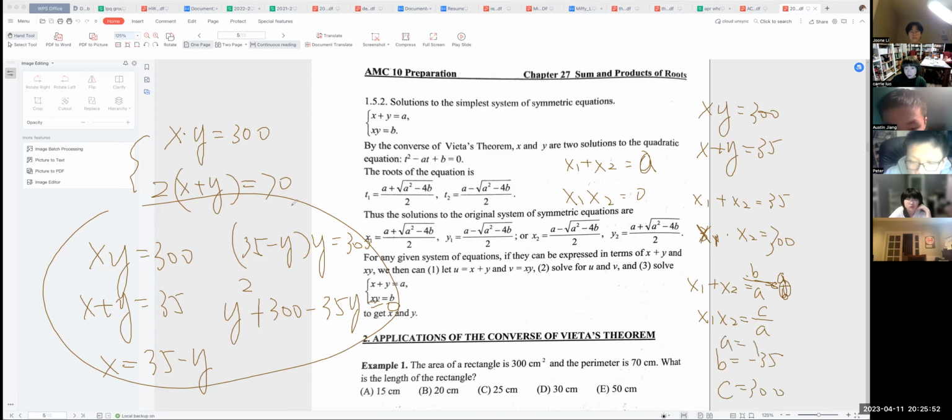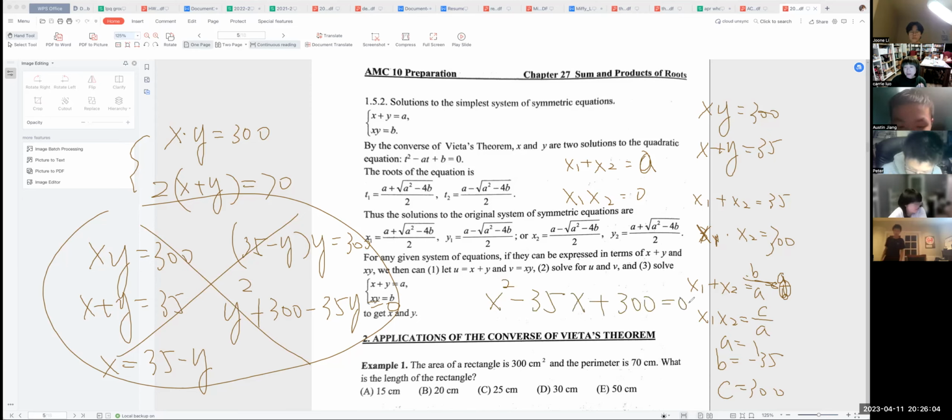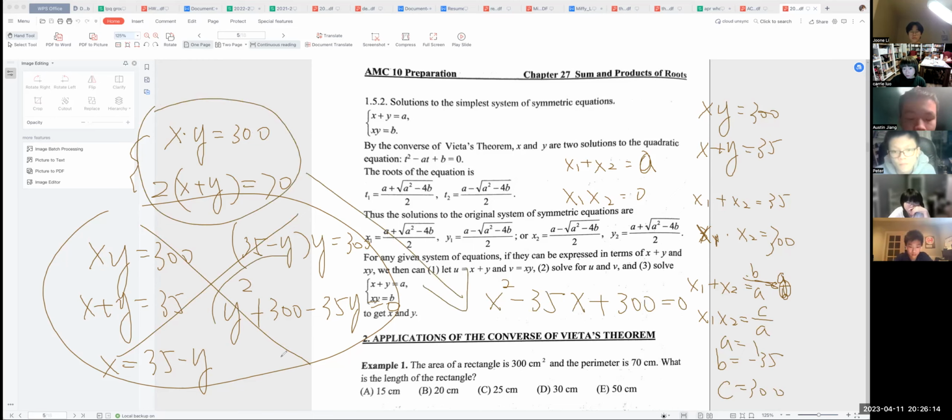So immediately I can get the equation x squared minus 35x plus 300 equals 0. Get it? I'm not saying you have to follow this one. I just want you, when you look at those equations, to immediately think of something like that. I know the answer is the same.